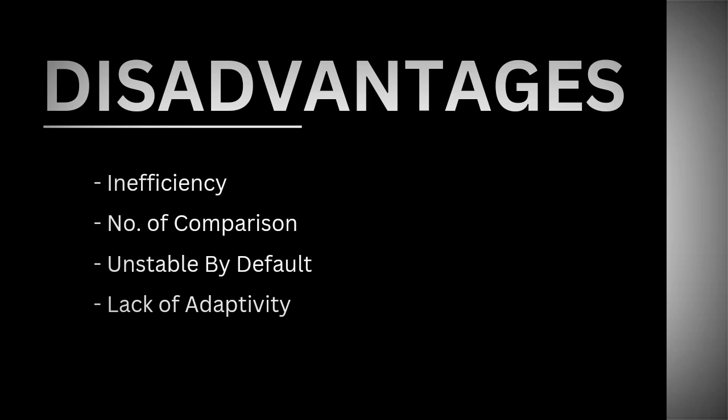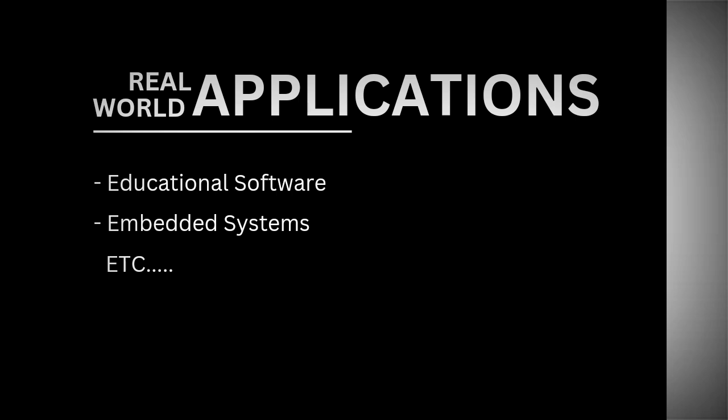Now let's take a brief look at what the real world applications of the selection sorting algorithm are before we move on to the practical stuff. The real world applications are not too many because it's not used a lot. It has implementations in some educational software, which I'm not sure about, so I'm not naming any, but I guess it was in their documentation.